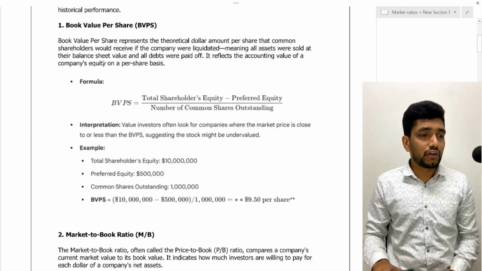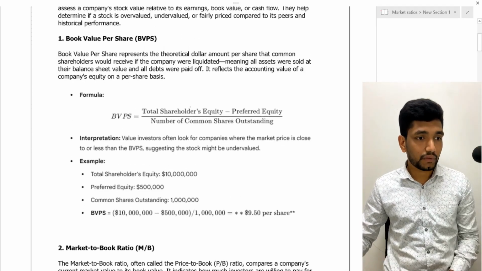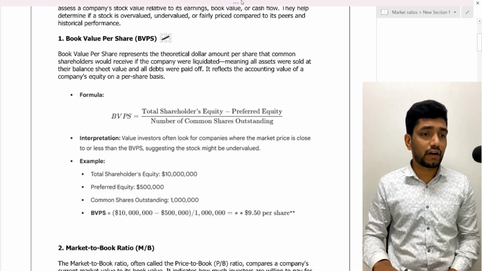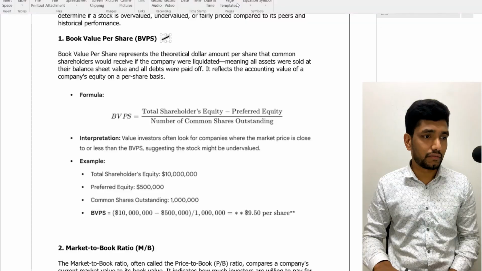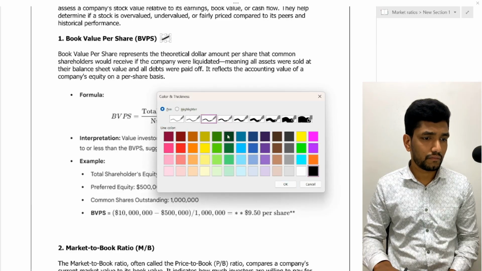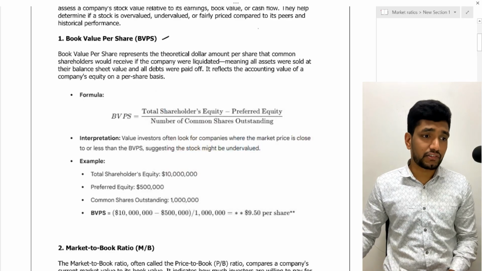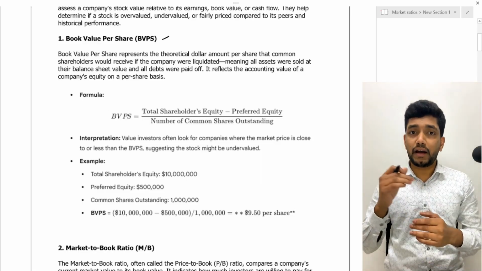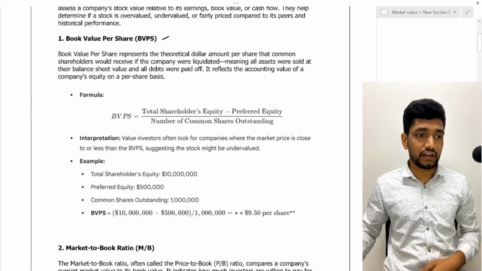So the first ratio is book value per share. Book value per share considers how much the actual book value is per share.